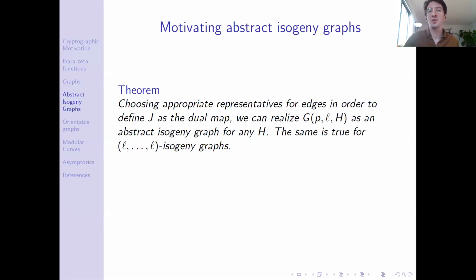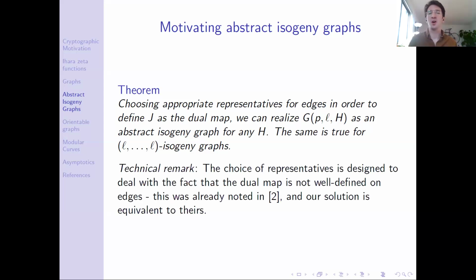There's a small technical point. I say that if you choose appropriate representatives for the edges in order to define the function j to be the dual map, then the isogeny graphs with level structure are abstract isogeny graphs. This is a technical remark that has already been noted in many other places as well: the dual map on edges, if you identify isogenies up to post-composition by automorphisms, is actually not quite well defined in terms of your representatives.